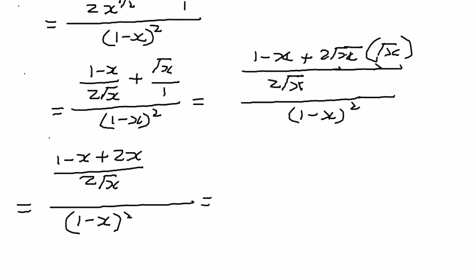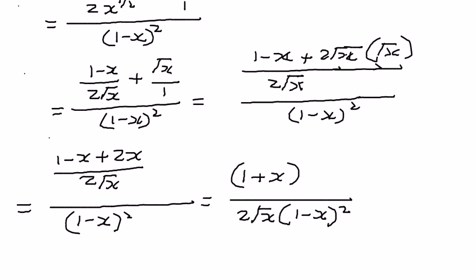So therefore, when I simplify this, I can write it as 1 minus x plus 2x is going to be equal to plus x, divided by 2 square root of x times 1 minus x, this whole thing raised to the power of 2.